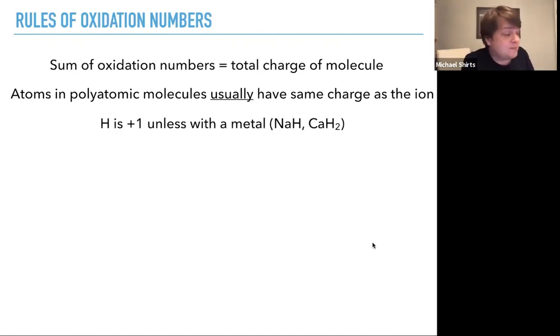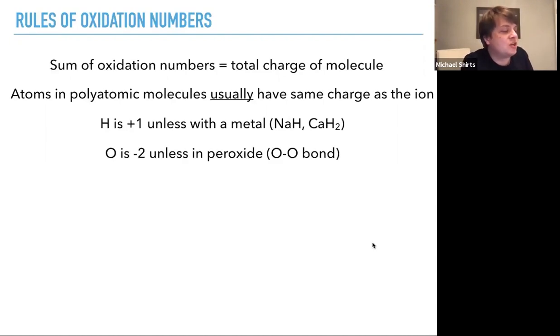So H is +1 unless it's with a metal like sodium or calcium, usually a group 1 or group 2 metal.